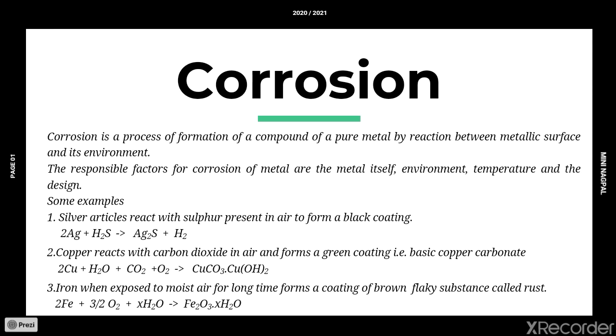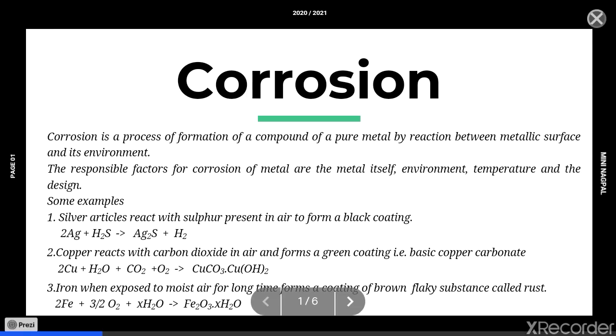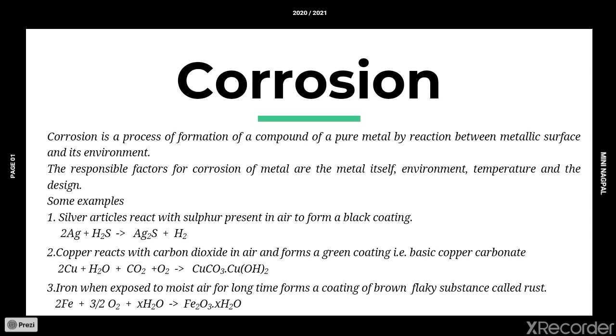It might react with carbon dioxide or moisture or oxygen or hydrogen sulfide. So, if it reacts with any substance present in the environment, the metal is said to be corroded, and the process is called corrosion. Now, corrosion is generally not beneficial.